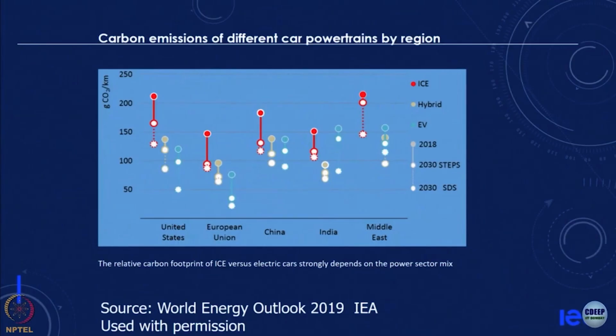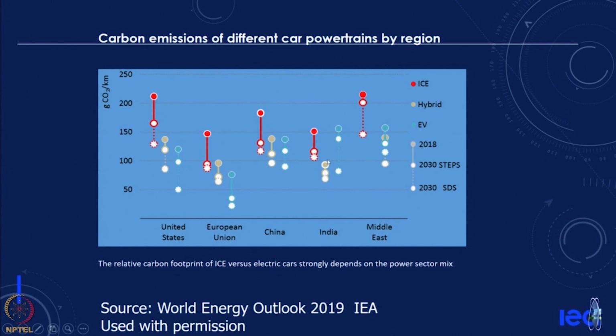So there is this interesting graph from the World Energy Outlook of 2019, which talks about the gram CO2 per kilometer of travel, and it shows different countries.